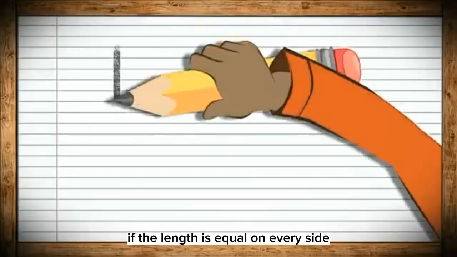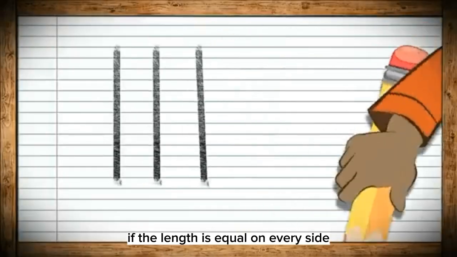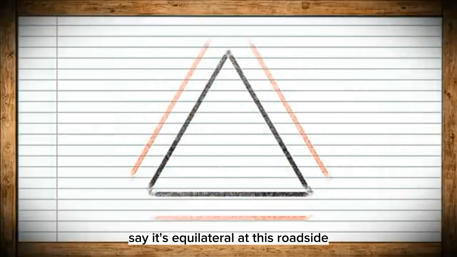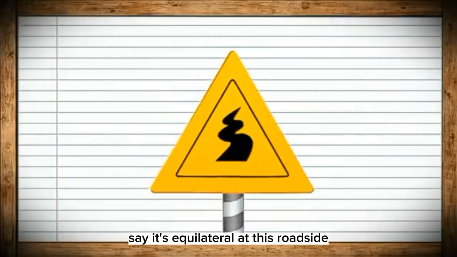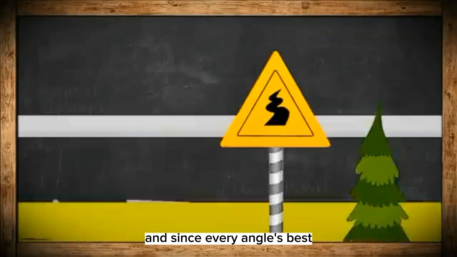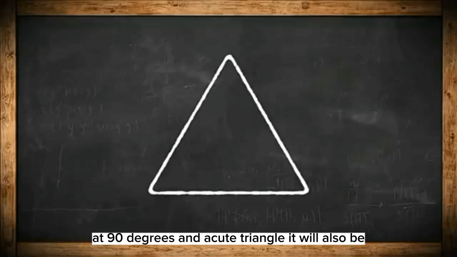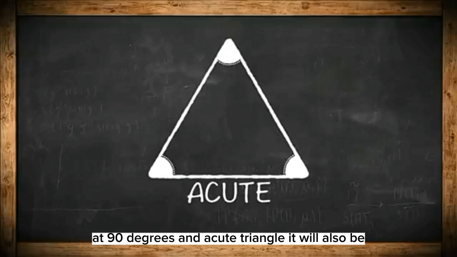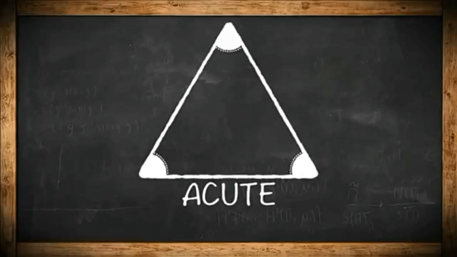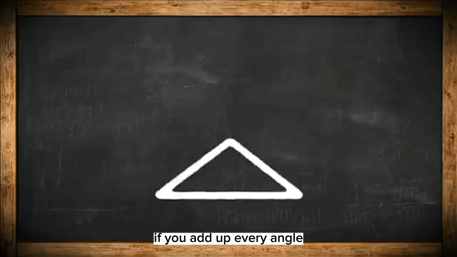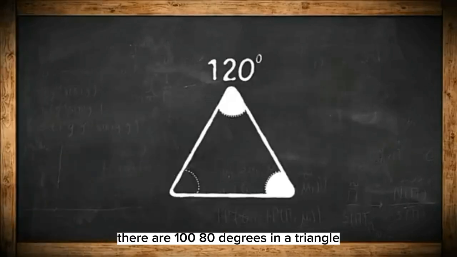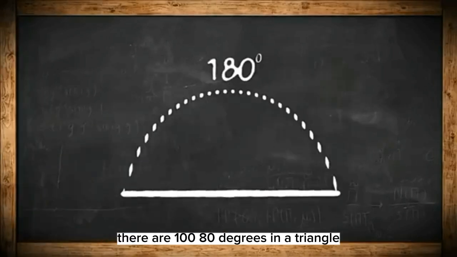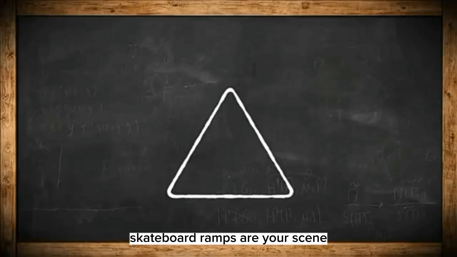If the length is equal on every side, say it's equilateral like this roadside. And since every angle's less than 90 degrees, an acute triangle it will also be. If you add up every angle, there are 180 degrees in a triangle.